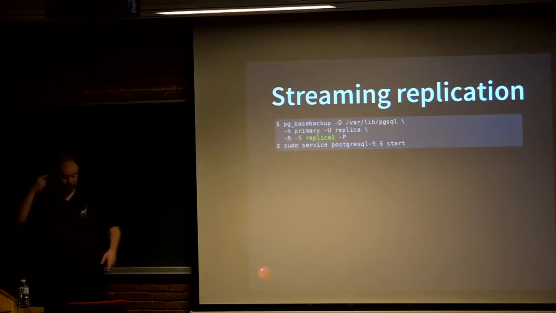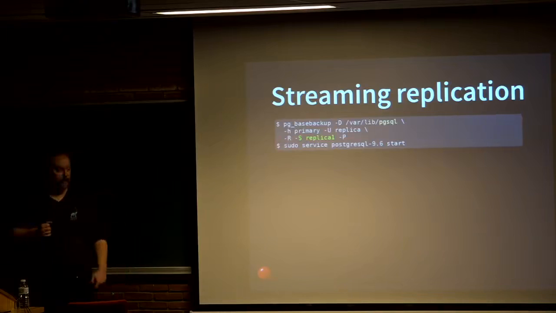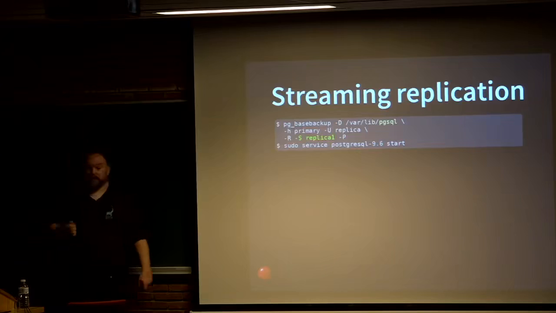And then you can add the little -P at the end there, which is just to get a progress report. If your database is big, if this thing runs for a couple of hours, it's nice to see how far along it is. And when you've done that, you just start Postgres on the standby node and you're done.